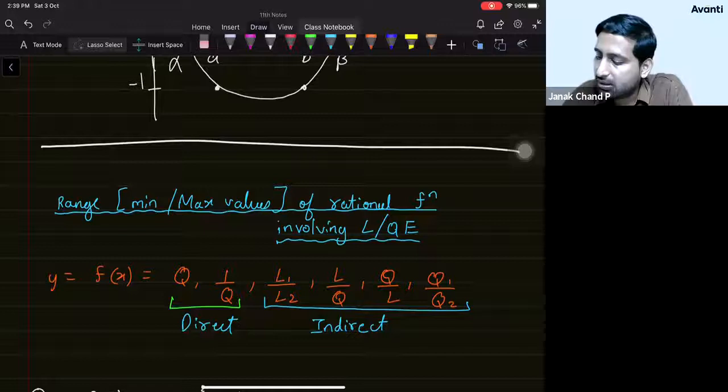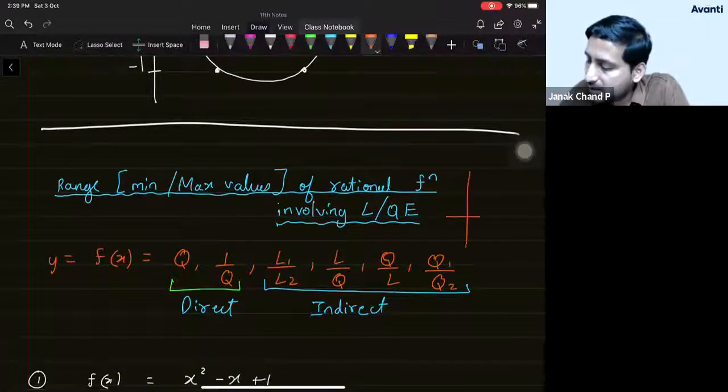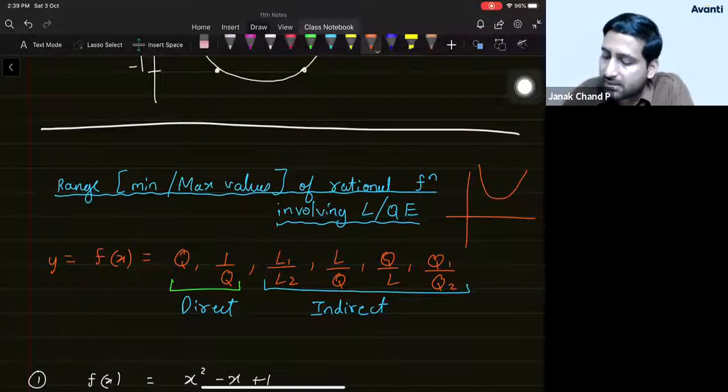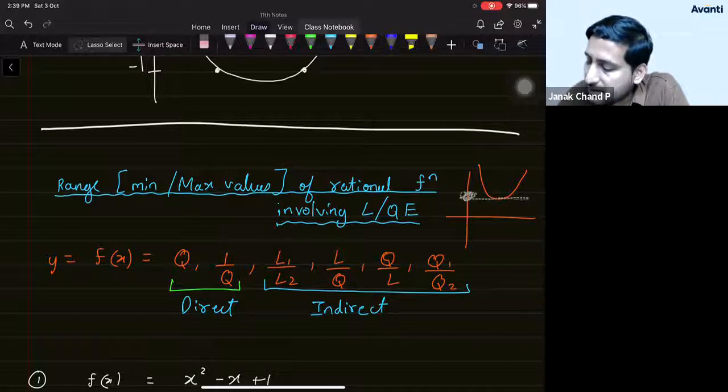Okay. So here, let me give a clear idea. What I'm telling you is, if you have a quadratic expression like this, right? Now, when I talk about the range, student, it is nothing but the collection of all the values on the y-axis such that the perpendicular from that cuts the graph. For a parabola, for this particular example, the minimum height is this and the maximum height is infinity.